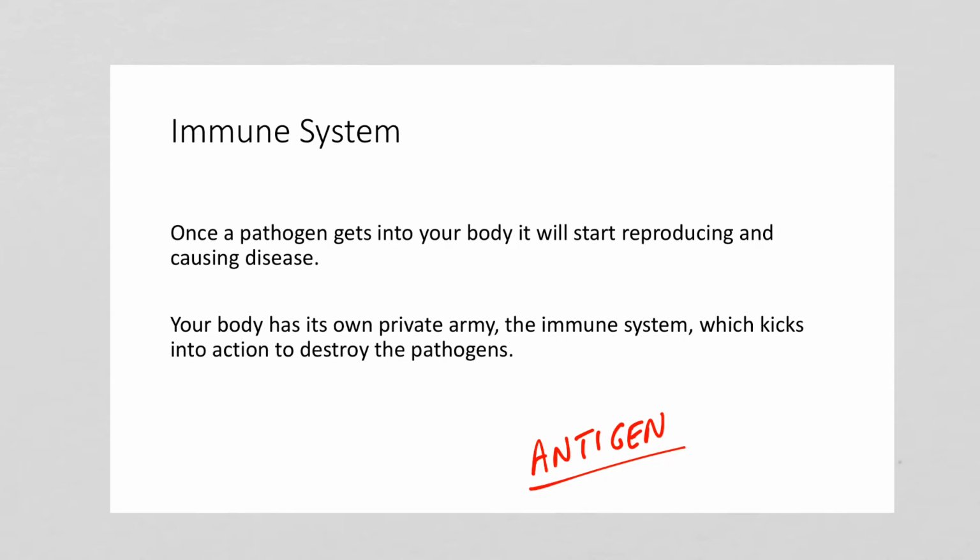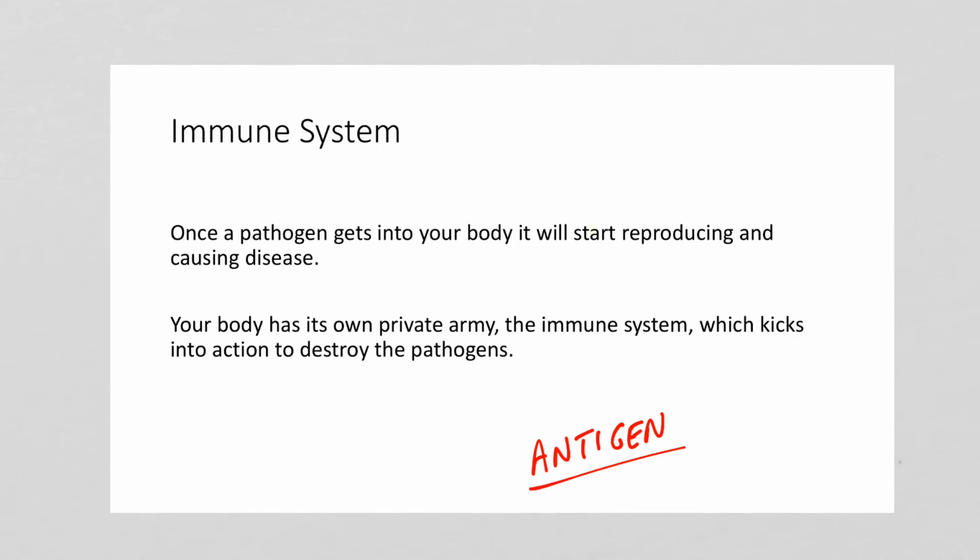But most of the time, in a healthy body, the immune system is going to be checking the antigens, and if it runs up against an unknown antigen, so something that is foreign, it will start to attack it. Okay?